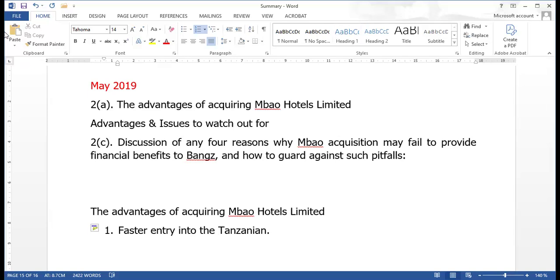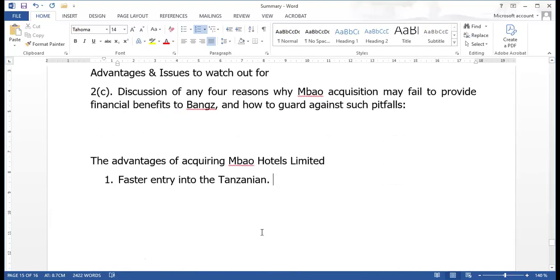So acquiring Mbayo Hotels Limited would enable Baganzi to enter the Tanzanian market more quickly than establishing a completely new hotel business, than establishing a subsidiary from scratch.